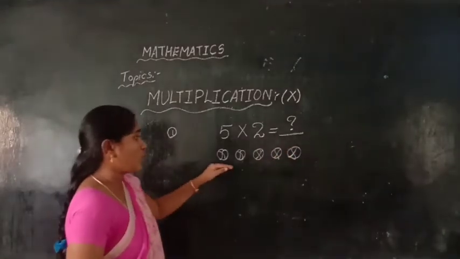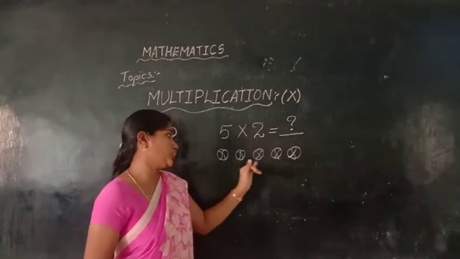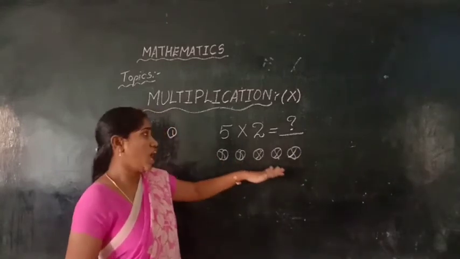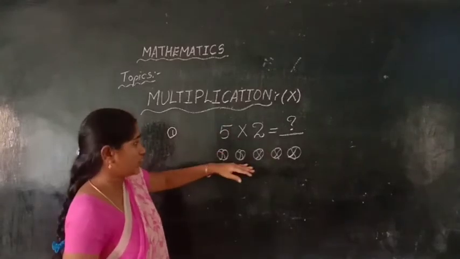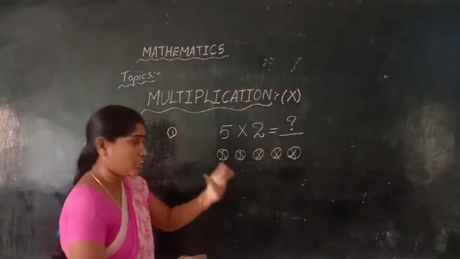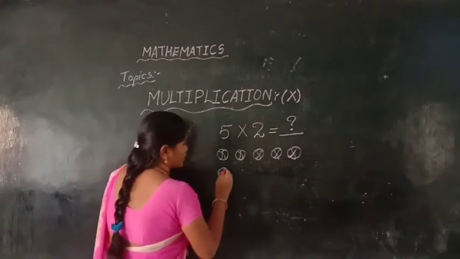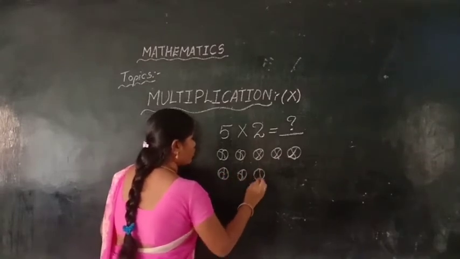How many balls did we take here? 1, 2, 3, 4, 5. But actually we take 5 two times. We took 5 here one time only. Another time we take 5 more balls. One more 5 balls.